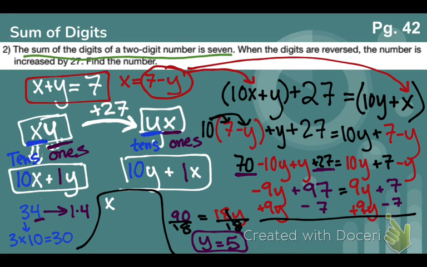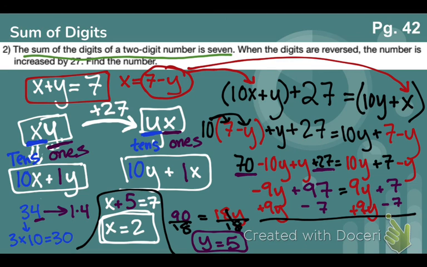We say x plus 5 equals 7, which is x equals 2. So if our x equals 2 and our y equals 5, what is our first number?